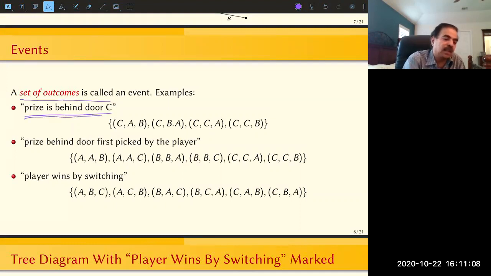how something that we think of as an event corresponds to a set of outcomes. So let's say a prize is behind door C. If that is the event, then the prize being behind door C is captured by all outcomes which have a C in the first place.